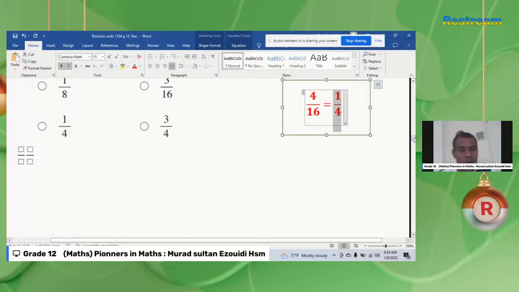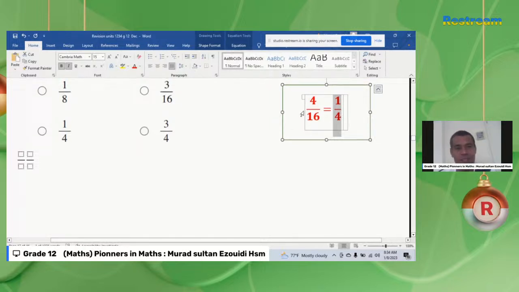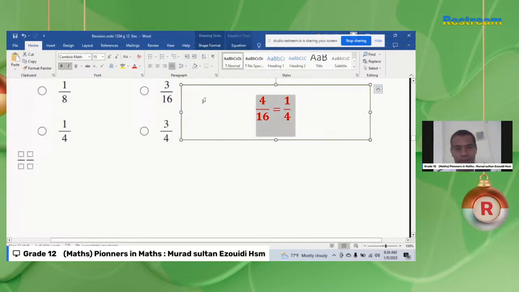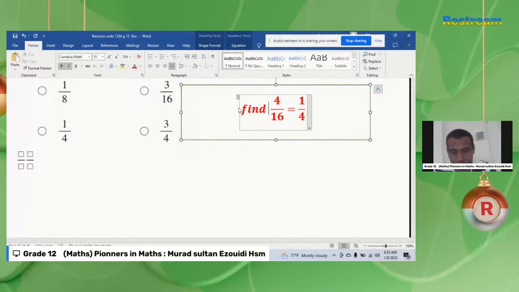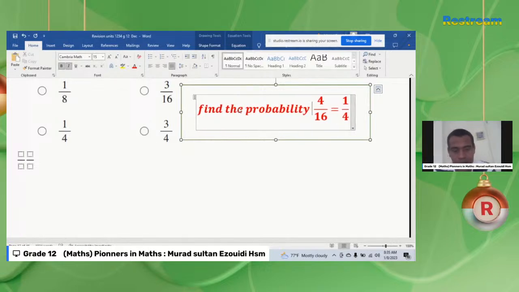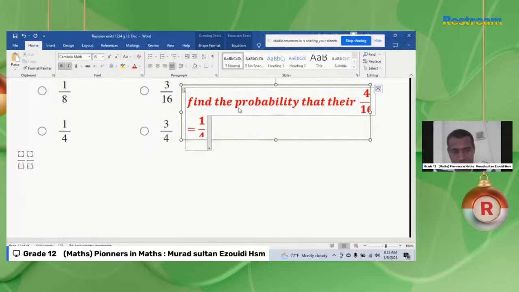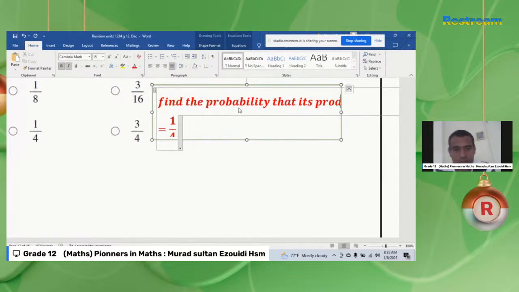So if we suppose now the question is looking for even numbers, I'll just write the question here: find the probability that its product is a square number.